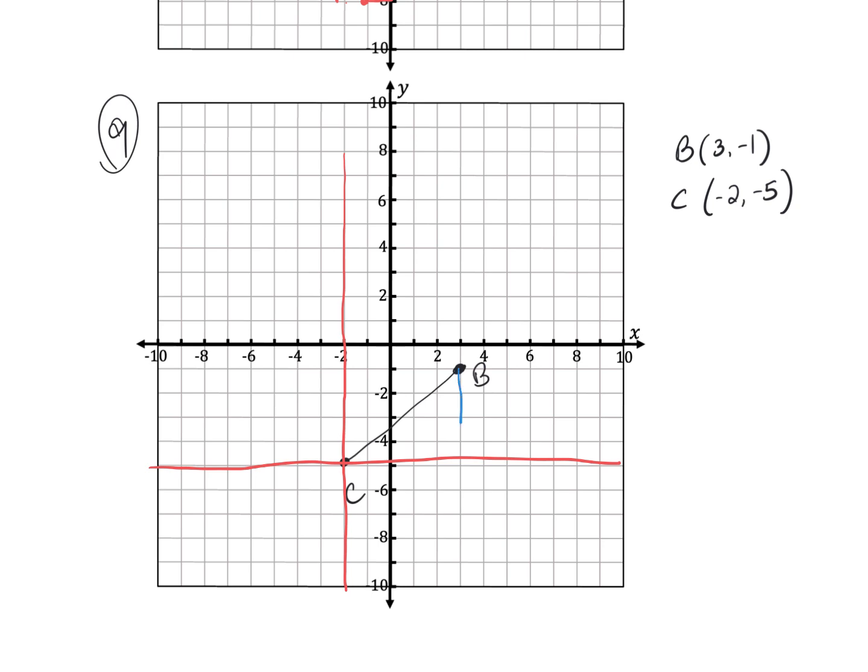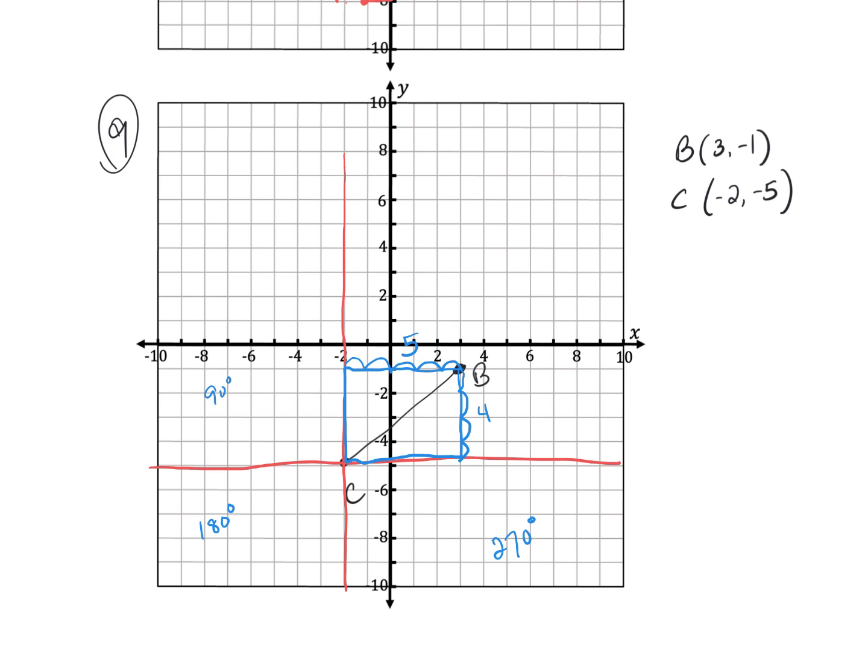If you notice, when I draw my rectangle to my rotation point, I have a height of 4, 1, 2, 3, 4, and a width of 5. So remember, counterclockwise, this is 90 degrees, this is 180 degrees, this would be 270.